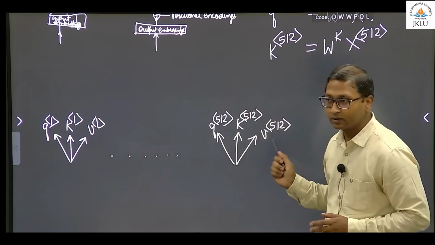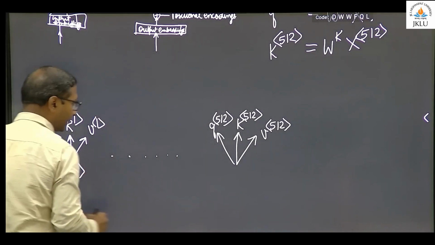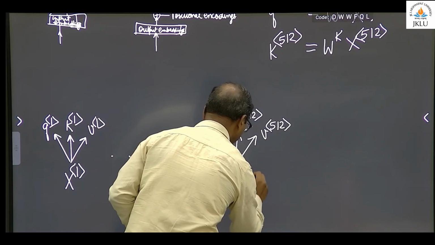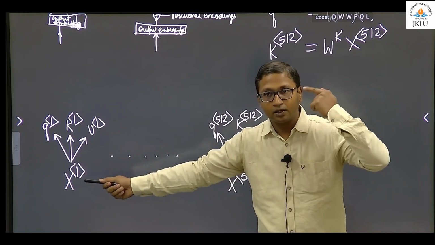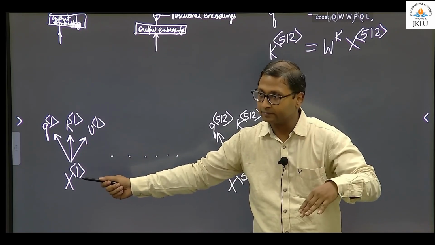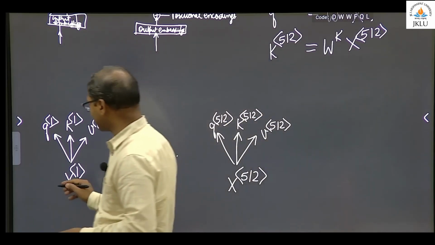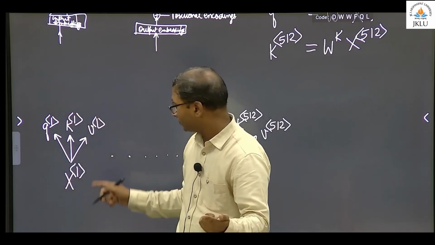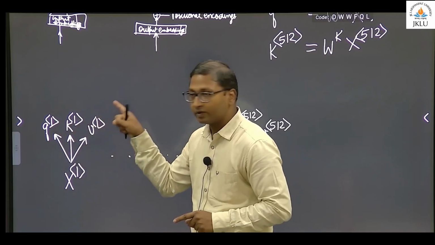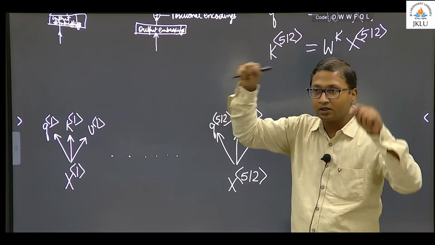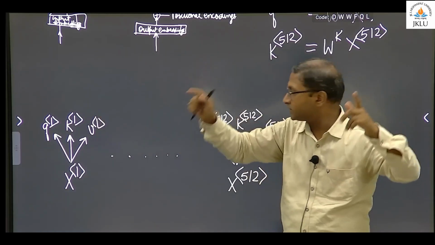So how many numbers are here and how are we getting them? All of those are obtained by doing a linear operation on my input embeddings plus positional embeddings. So what are these x's here? They are my input embeddings plus positional encodings. How did I get q1, k1, v1? We have written that. q1 is wq times x1, k1 is wk times x1.